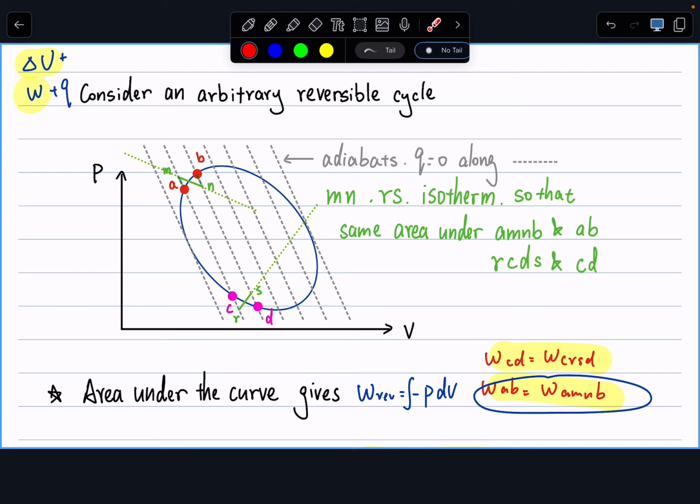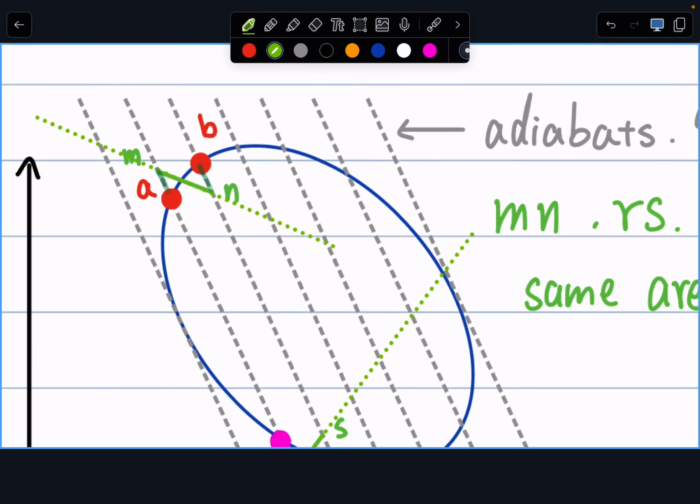And for this Carnot cycle, what we have is QMN over TMN. So in my Carnot cycle, we have our M, R, S and N, right? My MN has a specific temperature, let's call it TMN.